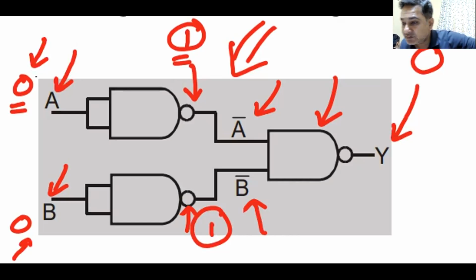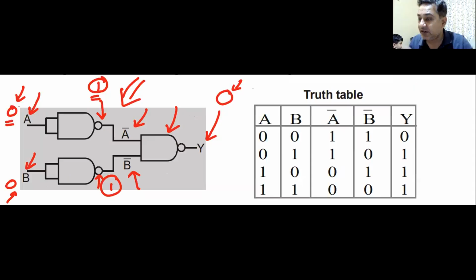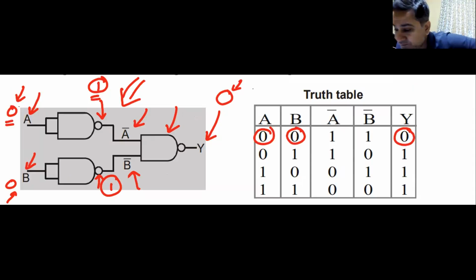That is the first result. If I put 0 and 0, the end result is 0. And that is an OR gate. Only when both are 0 can we get 0.